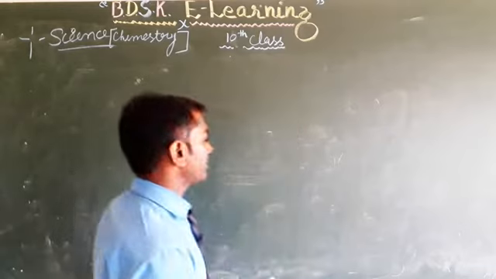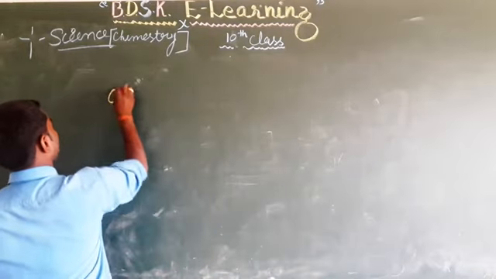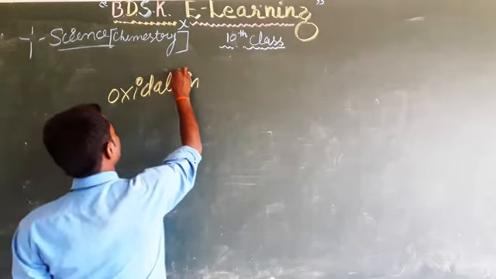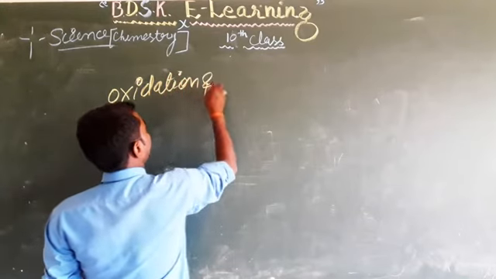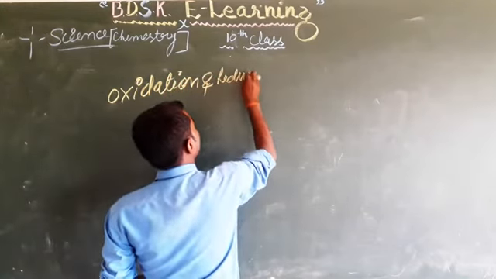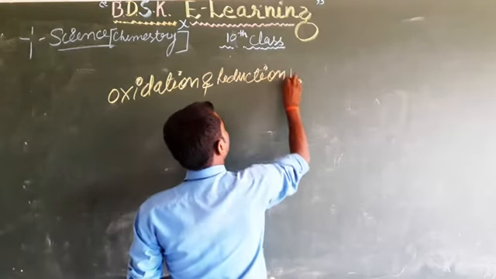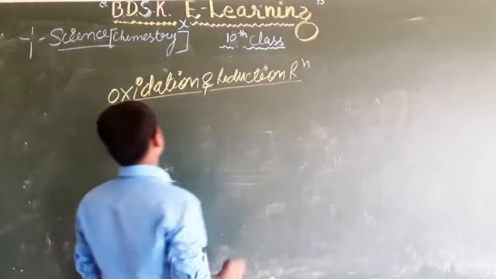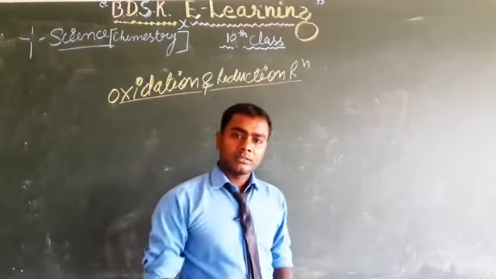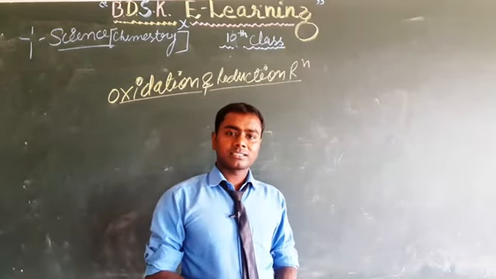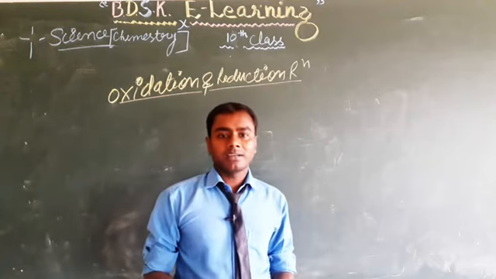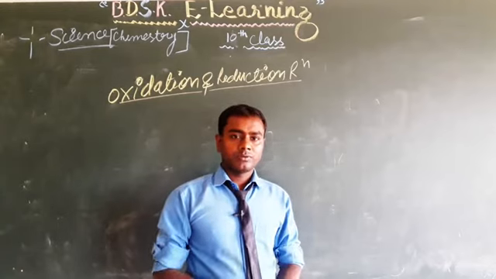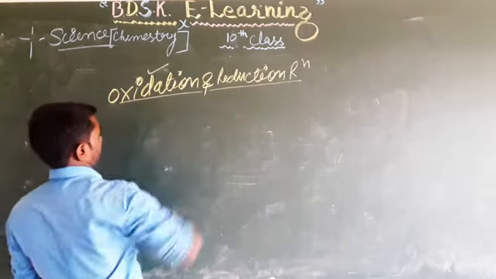Okay, see here, oxidation and reduction reaction. I already told you that the concept of oxidation and reduction is based on addition or removal of hydrogen and oxygen elements. So, number one, oxidation.